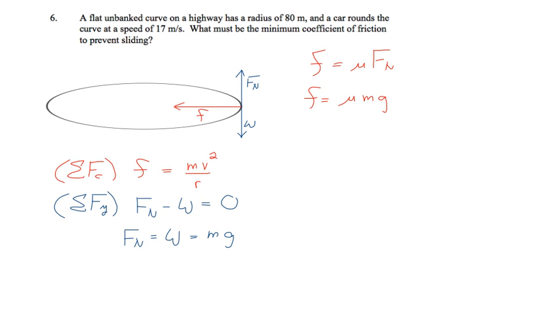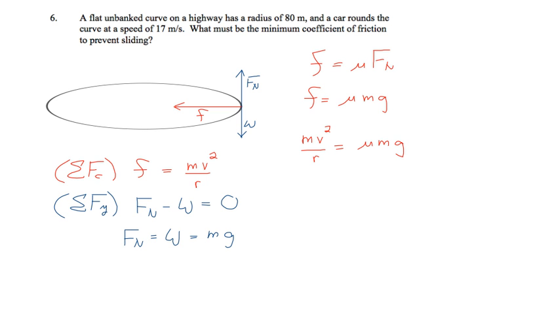If you look on the board, I have friction equals mv squared over r, and I have friction equals mu mg. If friction equals that, and friction equals that, then these two are equal. So I can make a new equation: mv squared over r equals mu mg.